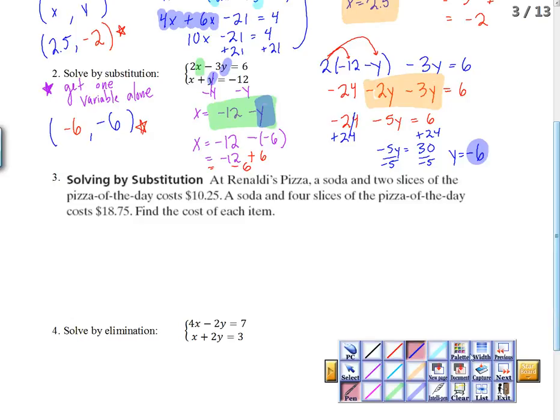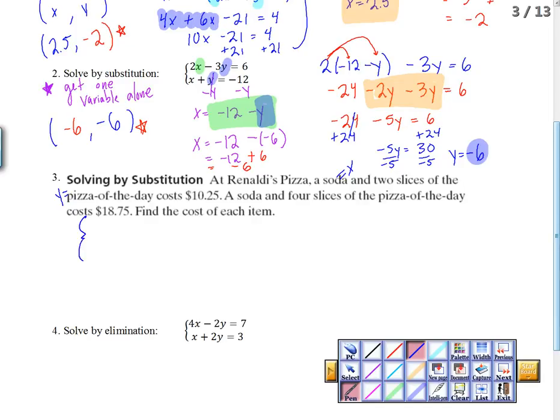Okay, so if I'm going to come up with a system, I need an x and a y variable. They give me this relationship in terms of sodas and pizza and how much that costs. So I'm going to consider my soda is my x and my pizza is my y, and I'm going to write my system.